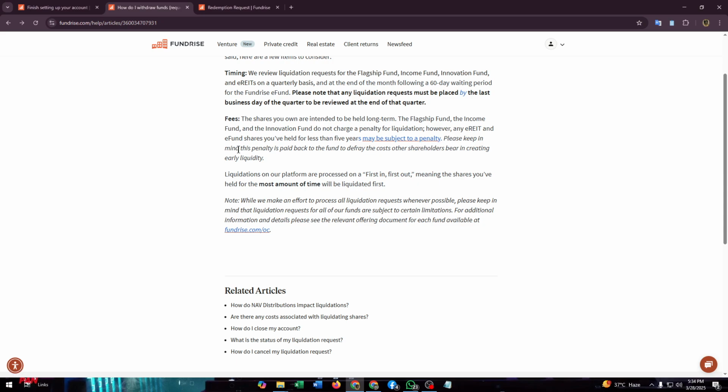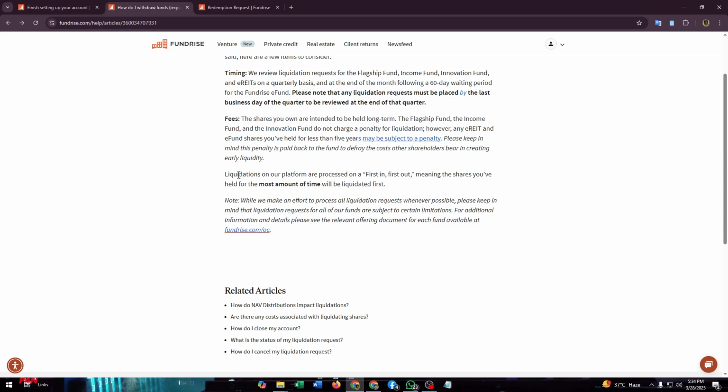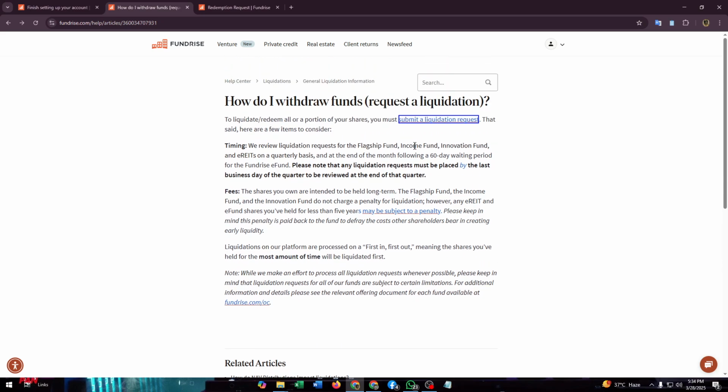Please keep in mind this penalty is paid back to the fund to defray the cost that other shareholders bear in creating early liquidity. So liquidations on our platform are processed on a first in, first out basis, meaning that shares you have held for the most amount of time will be liquidated first. So make sure that you know about that process here.